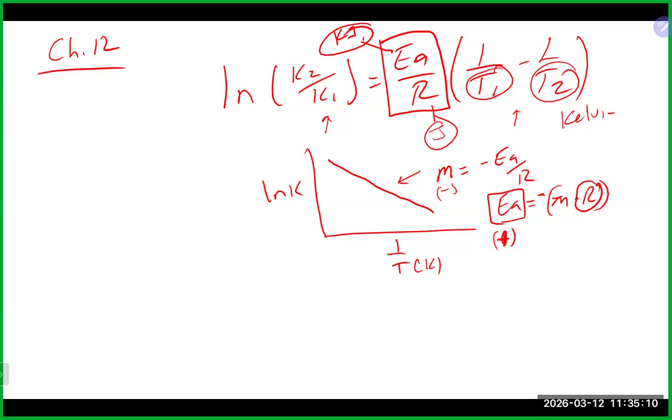You could also use the y-intercept to figure out the frequency factor. So the natural log of A is equal to our frequency factor, our y-intercept, b. The frequency factor, as we talked about, is really the proportion of molecules that have enough energy to get up and over that activation energy hill to get to the other side.